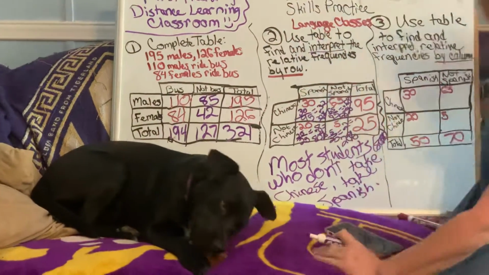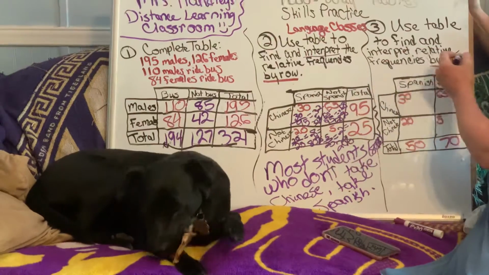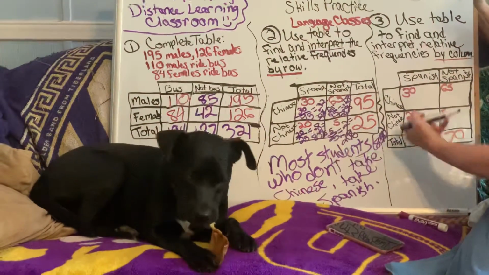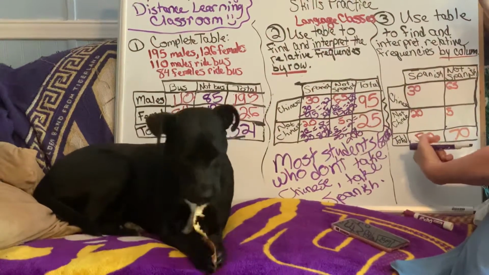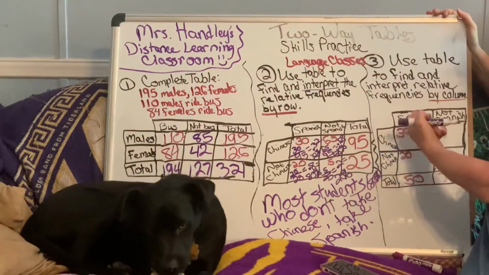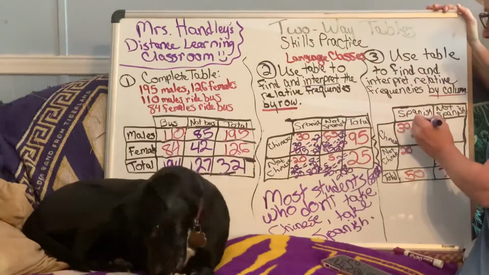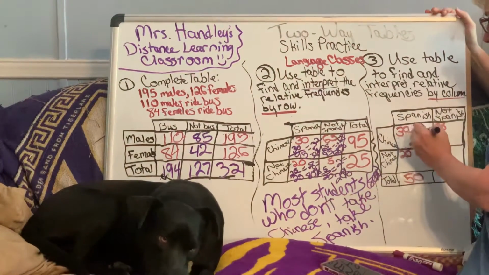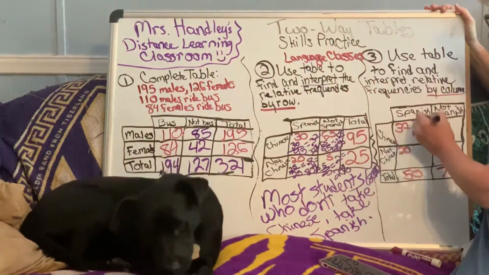All right, so number 3 is the same, except that we're finding our relative frequencies by column, which is why they gave you this total down here. So the relative frequency for Chinese and Spanish is 30 over 50, because that's my total here.